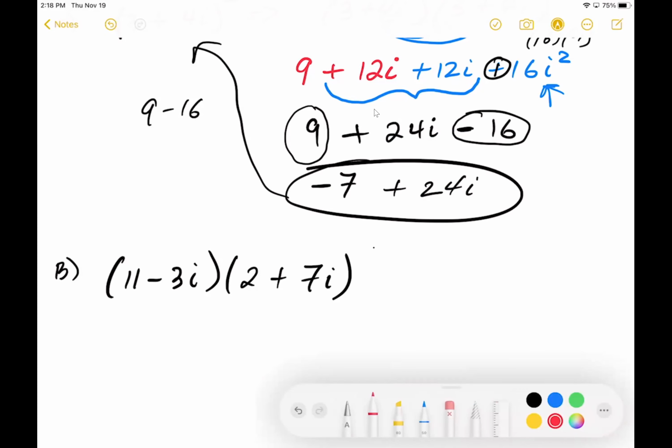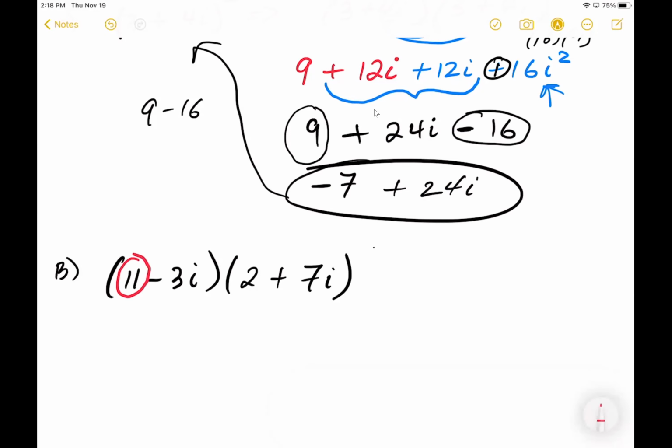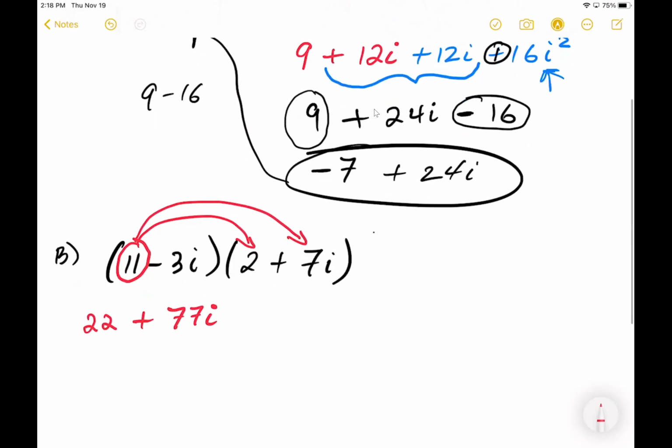We can take this 11 and distribute to this item, 11 and distribute to that item. 11 times 2 gives me 22. 11 times 7i: 11 times 7 is 77, I bring down my i. Everybody see where I got the 22 and the 77i?